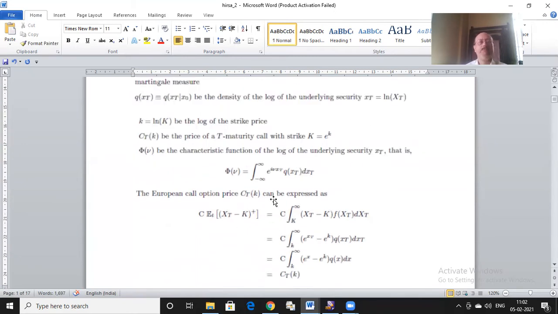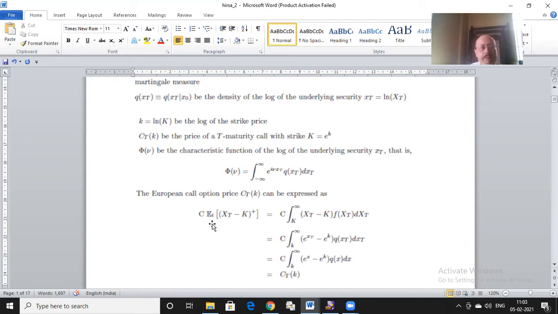The European call option price C_T at small k, as I said we are using small k, can be expressed like this. Suppose I have some normalizing constant capital C, which I will keep outside. This is nothing but the time discounting, interest rate calculation, etc. We will insert that later on, because for the time being we will work with the assumption that interest rates are non-stochastic.